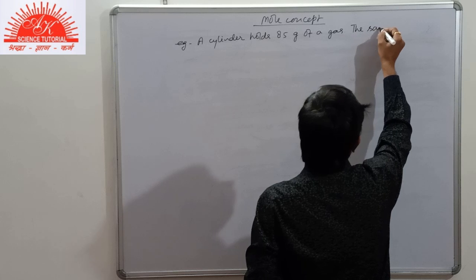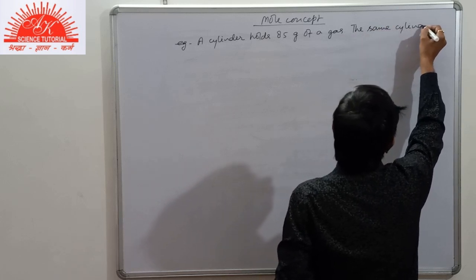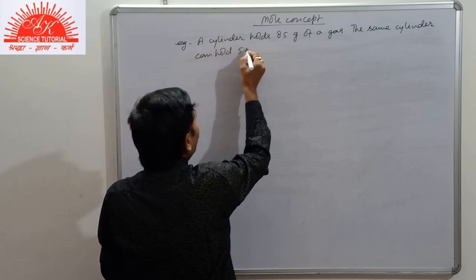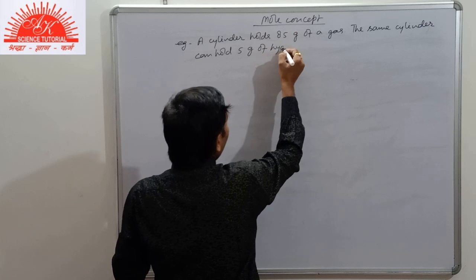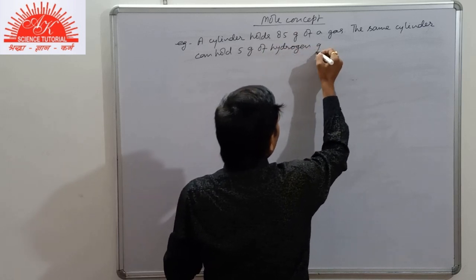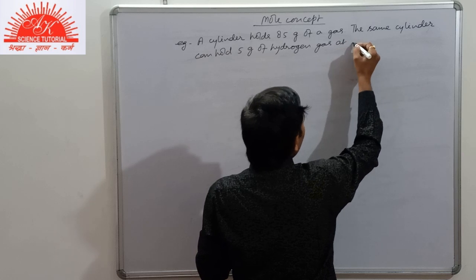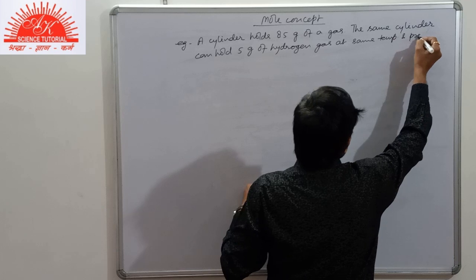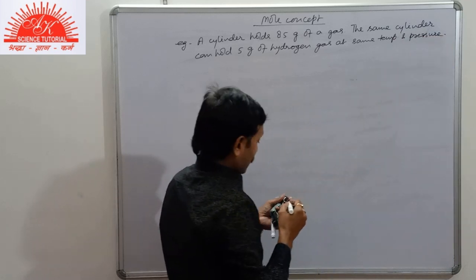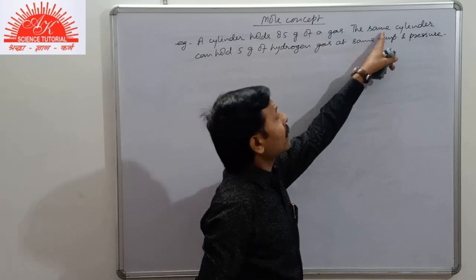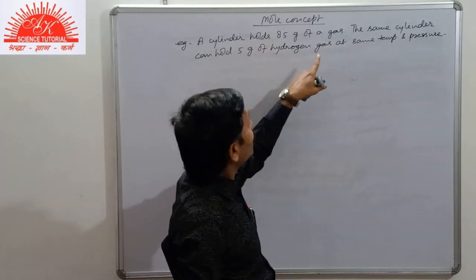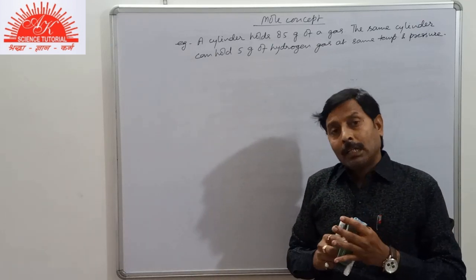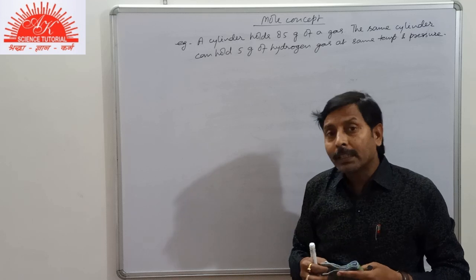The same cylinder can hold 5 gram of hydrogen gas at the same temperature and pressure. Now you see here students that since the cylinder is the same, the volume of the two gases will be the same.